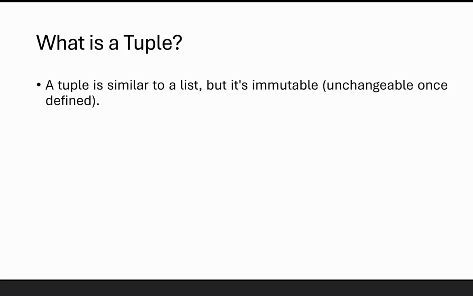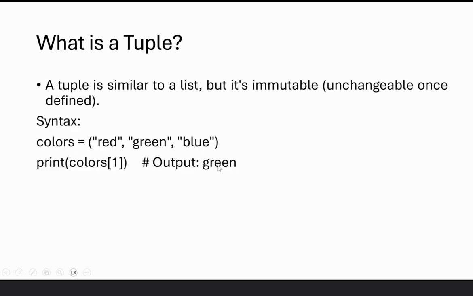Next one is tuple. Tuple is similar to a list, but it is immutable, that is, unchangeable once defined. The syntax for a tuple is defined using round brackets instead of square brackets. In a list we use square brackets; here we use round brackets for defining a tuple, and the index value is the same as that of a list.